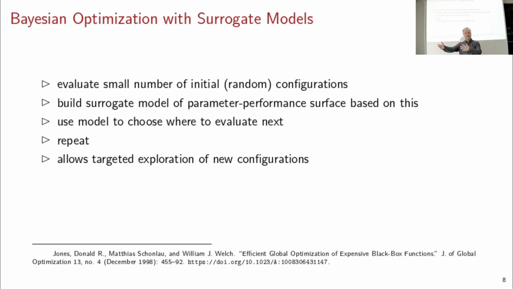Then you observe results and adjust your beliefs, etc. In particular, it allows a much more targeted exploration of the new configurations and optimizing the value that we're interested in than either random search or grid search, because these are completely non-adaptive, right? So you design your experiments and then you run them and you're done. And here we have this iterative process where we actually take the things that we observe into account and decide what to do next based on that.